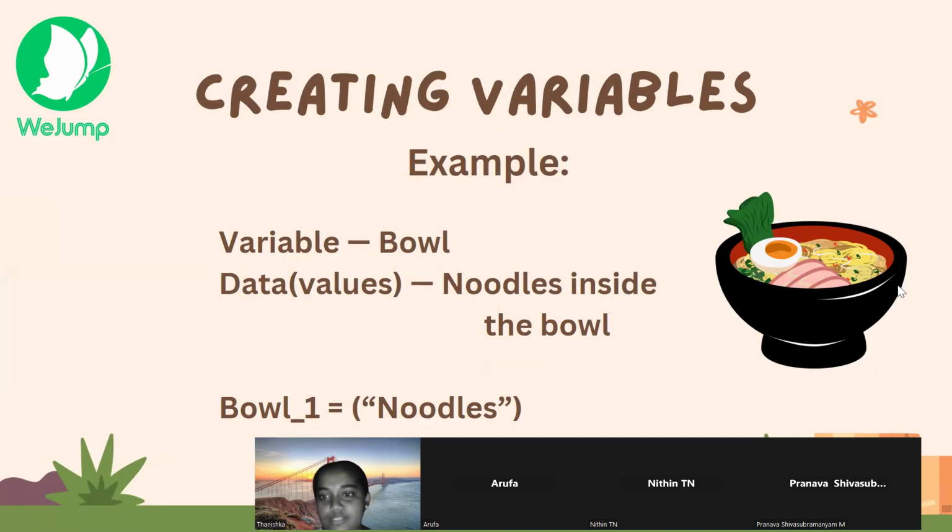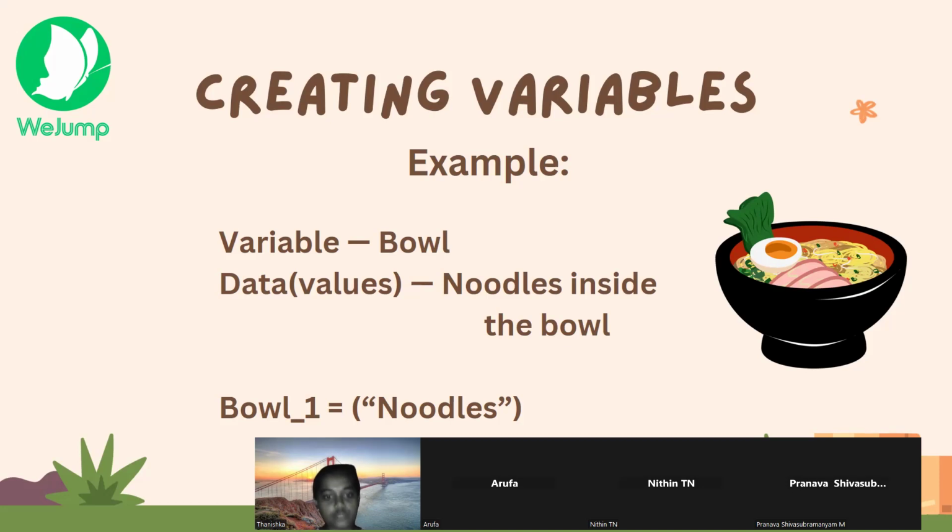So this black bowl is the variable. The variable name is bowl1. And just think the noodles which are inside this bowl are called the value which is stored in the bowl1 variable. So it's easy for you guys to remember, right?